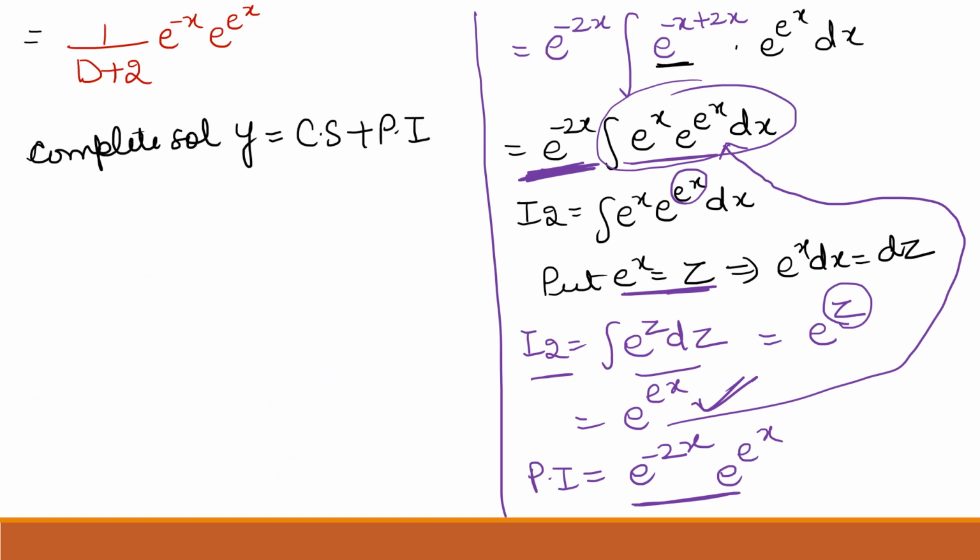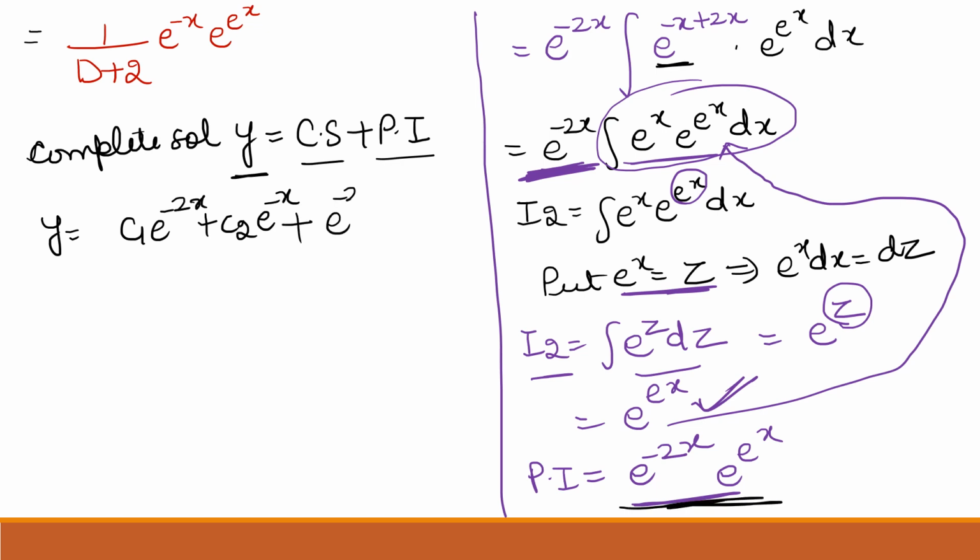The complete solution is: dependent variable equals complementary solution plus particular integral. We know our complementary solution was c1 e power minus 2x plus c2 e power minus x, and our particular integral is e power minus 2x e power x. So this is the final solution.